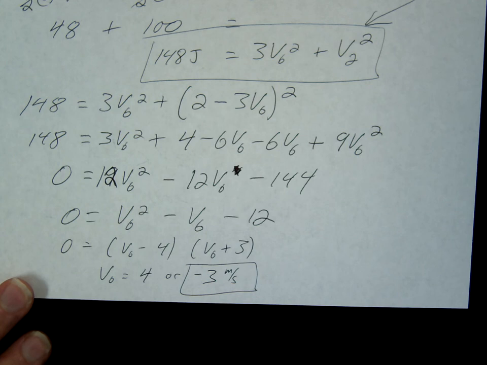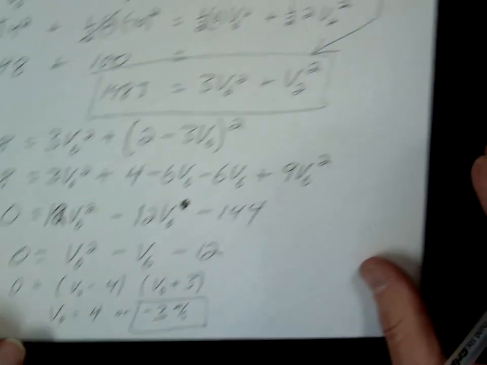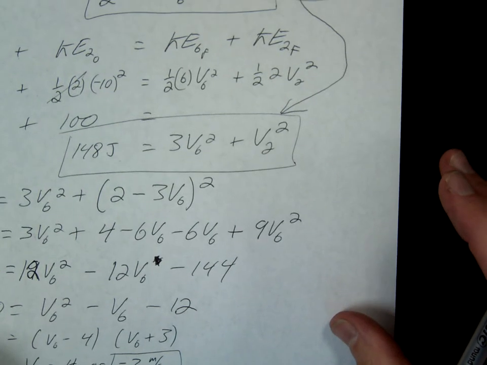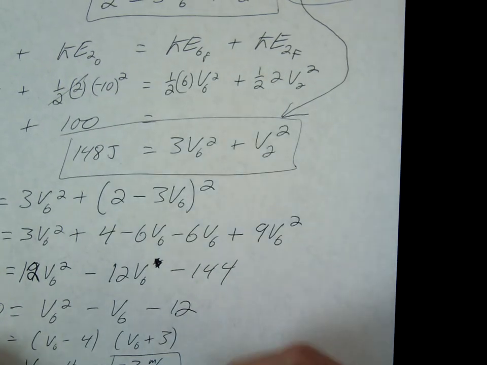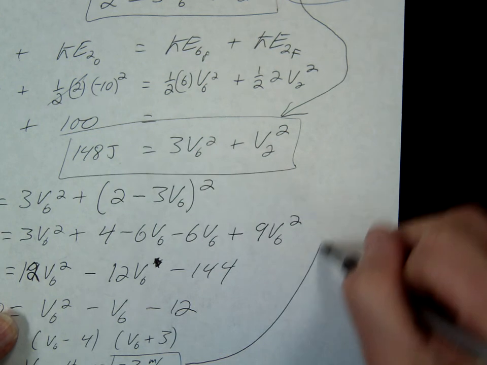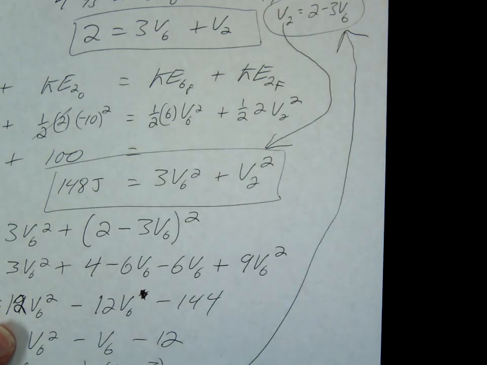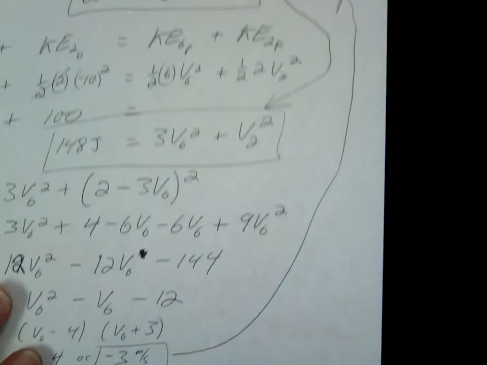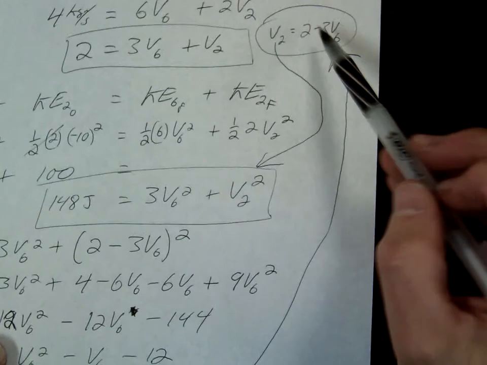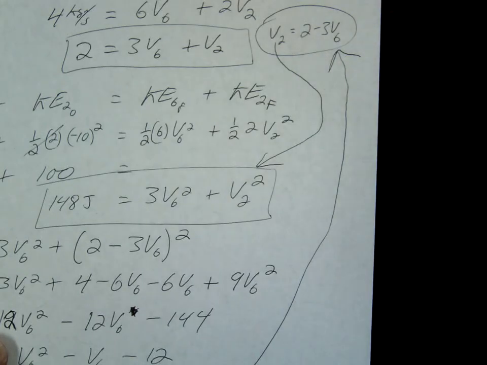Okay, and then how are we going to find v2? We're going to put our negative 3 way up into our v2 equation that we had earlier.